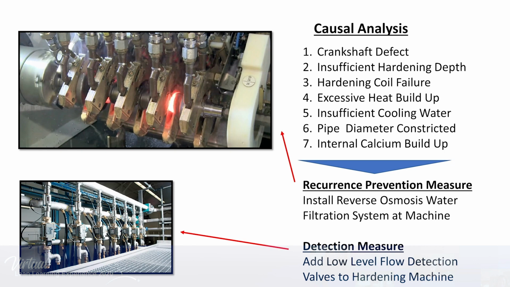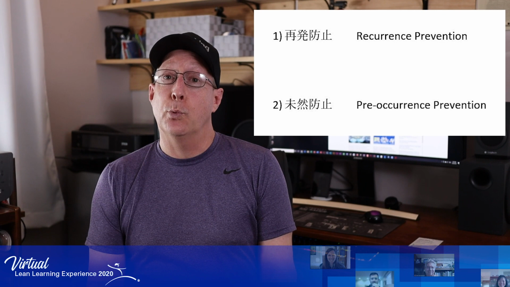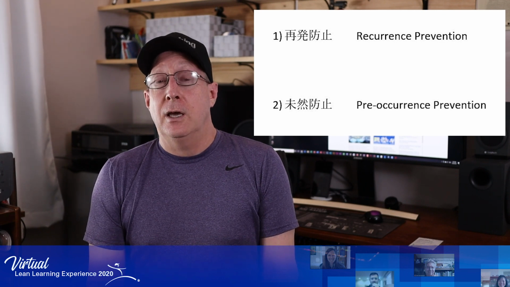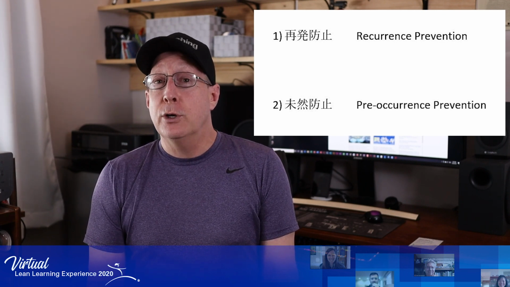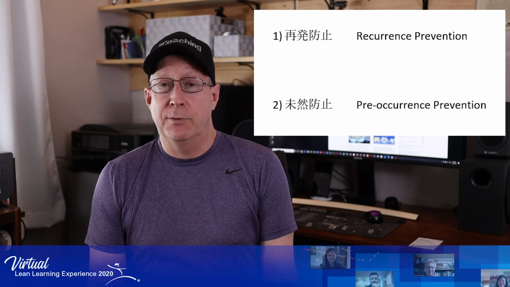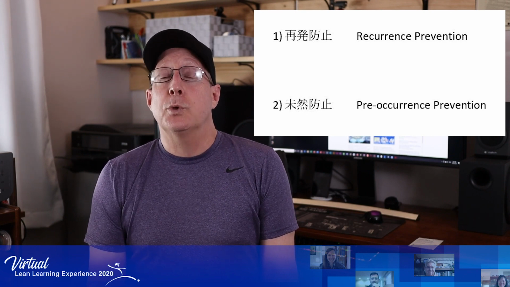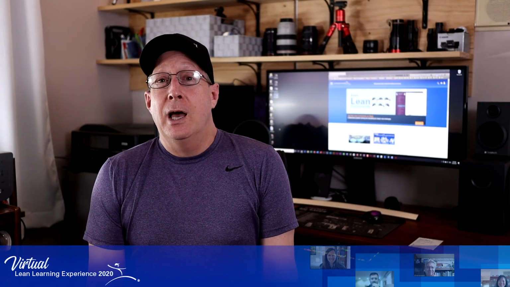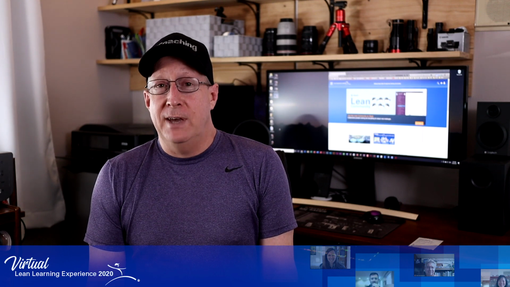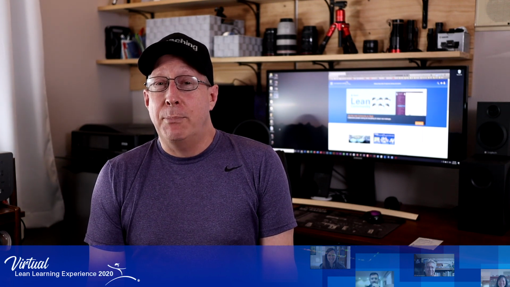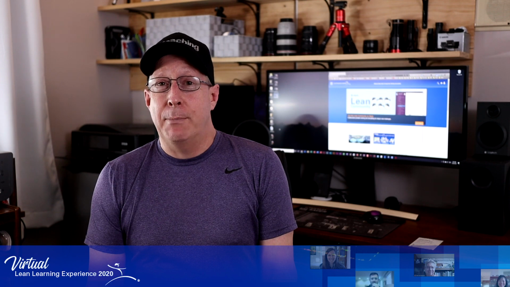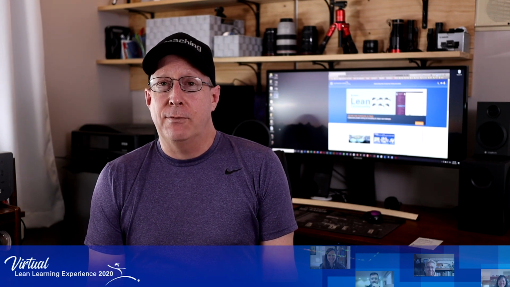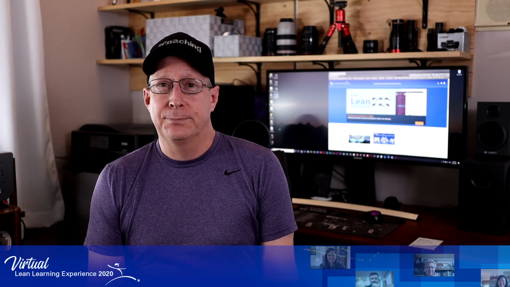In Toyota, we had two different categories of prevention. We called one Saihatsu Boshi, which is reoccurrence prevention, and the other is Mizen Boshi, which is pre-occurrence prevention, where you'd stop it before it happened. And we'll save that for another video in the future. However, the point is on both, they're preventive, and they fundamentally stop it in its tracks and don't allow the problem to happen again. And this is what you want to strive for in any problem-solving endeavor.